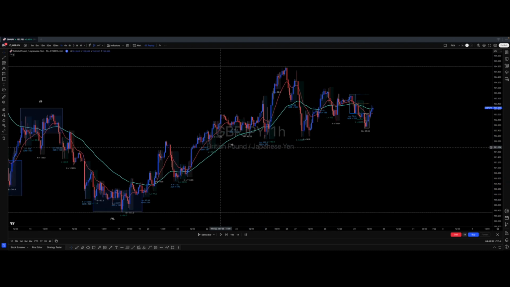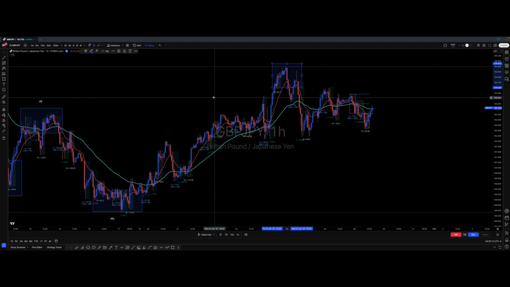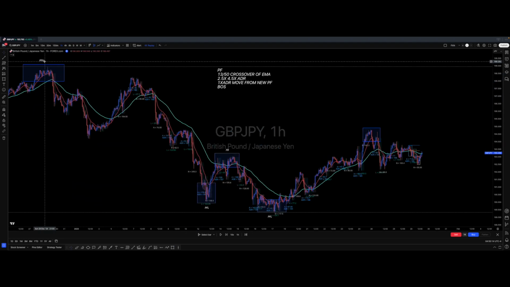We're now in the 180s. We're no longer in the 190s, 200s. We're now moving slower to around 180 or so, give or take. If we do the math here, that's going to be right around 3 times ADR. So we know for sure that this is going to be another peak formation high.